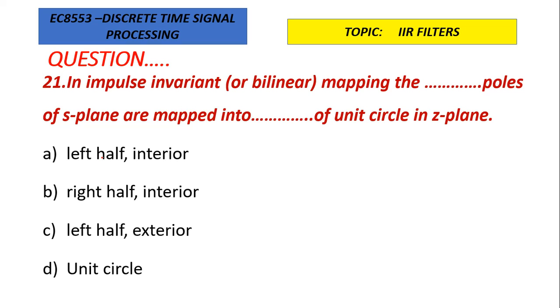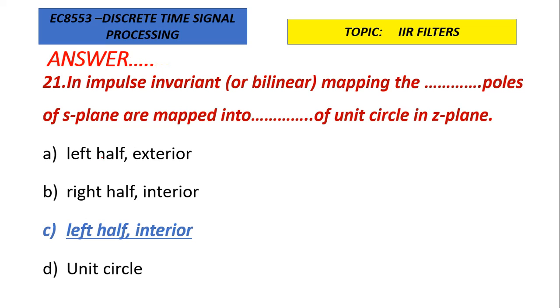In this mapping, the left half poles of the S plane are mapped into the interior of the unit circle in Z plane so that we can maintain the stability of the filter. So as we already studied, for maintaining stability, the poles in the left half of the S plane should be mapped to poles in the interior of the unit circle in Z plane.